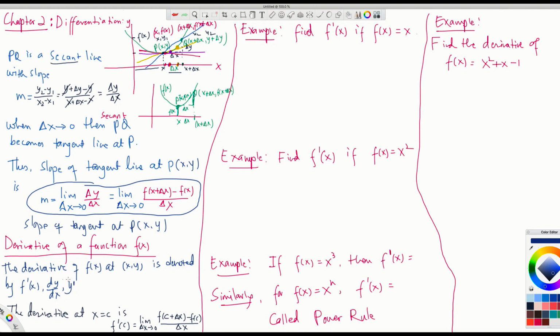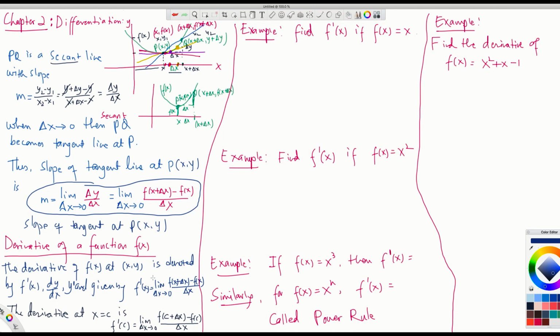These are all the notations we use for the derivative. The formula is f prime of x equals the limit as delta x tends to 0 of f of x plus delta x minus f of x, divided by delta x. This is the formula of the derivative, or the slope basically.